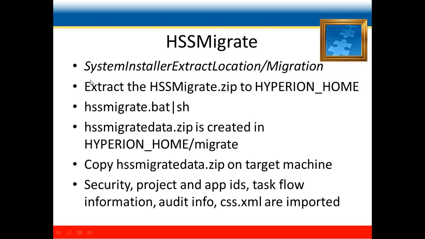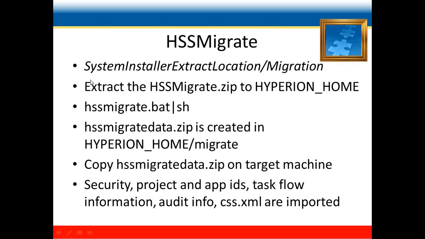Then you can copy this HSS migrate data.zip to the target machine, as I said earlier. Then the path to which you copied this HSS migrate data.zip file on the target machine, you will have to provide in the configurator when you run it on the destination machine.